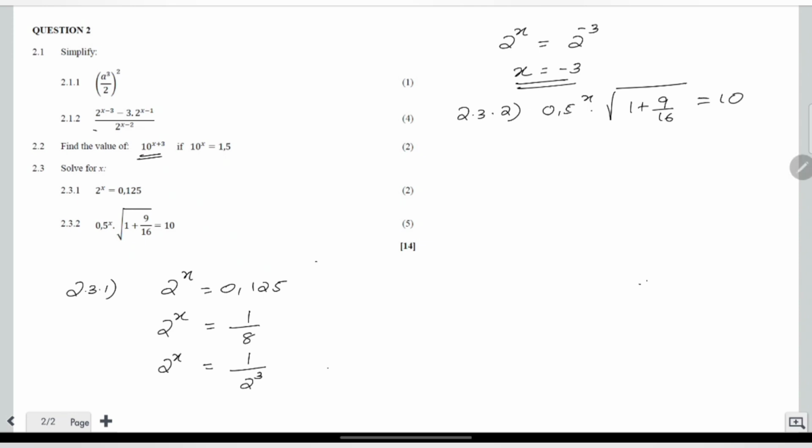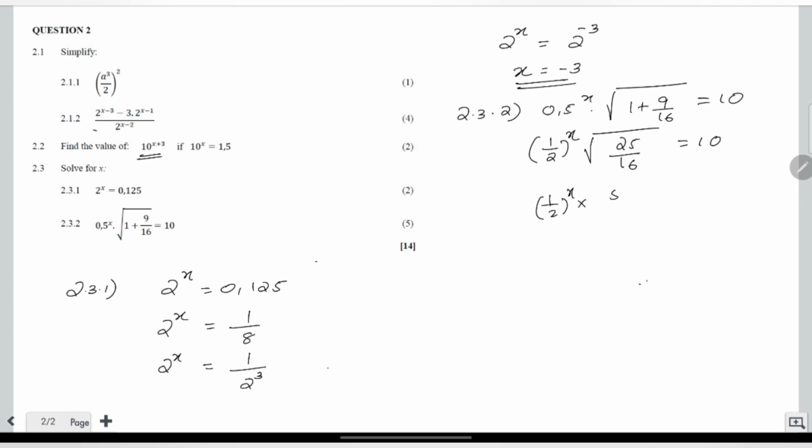Let me change that: 0,5 is the same as half to the power x, because 0,5 is half. Then let me simplify the one that is inside. The root of 1 plus 9 over 16 is the same as 25 over 16, and the whole thing is equal to 10.